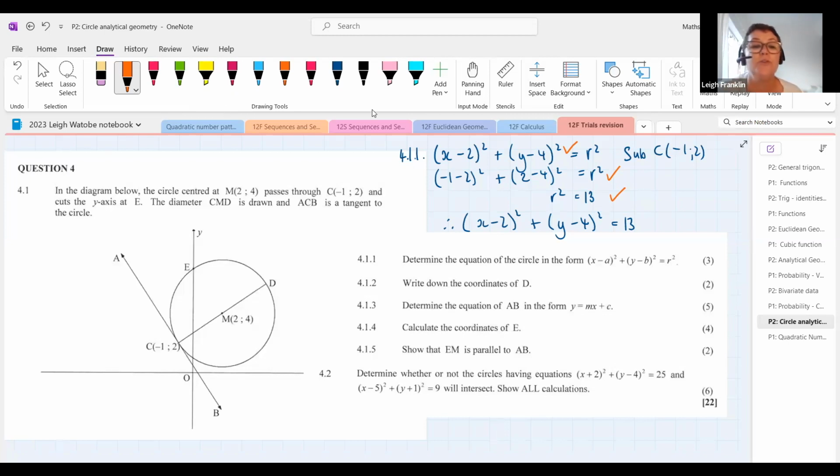How are we going to do that? What can we use to calculate the coordinates at D? How would we do that?